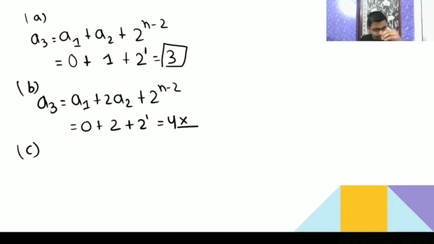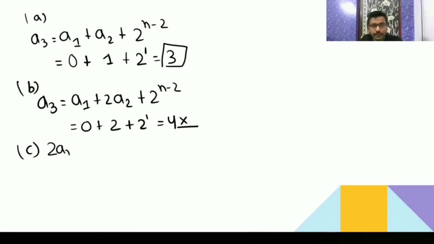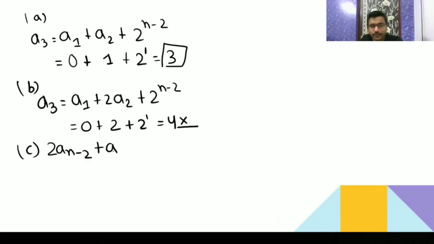Now C is saying 2a(n-2) plus a(n-1) plus 2 to the power n minus 2.